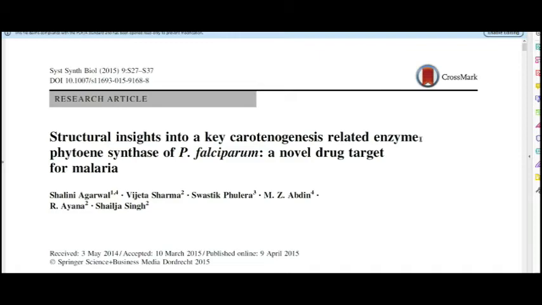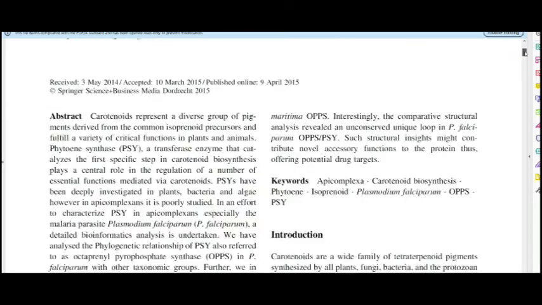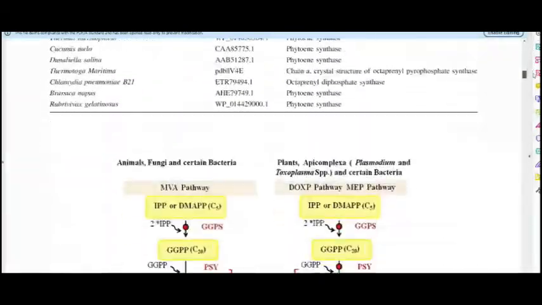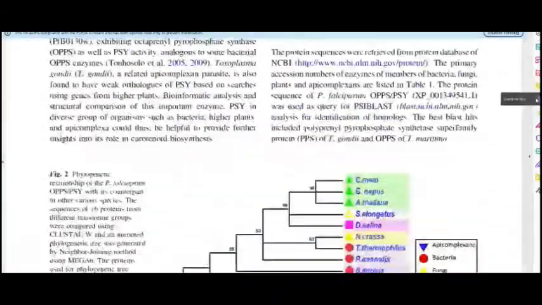So the phytoene synthase, and this is the one I was thinking about earlier when I went to that paper, is one that I wasn't able to find a structure for. So this paper is actually doing a structural prediction.